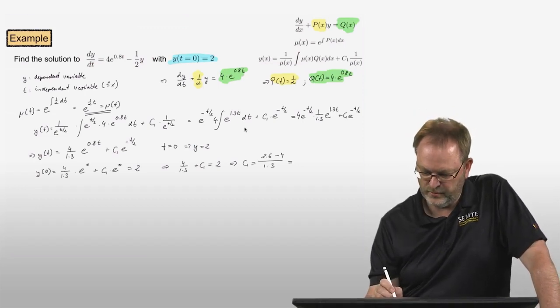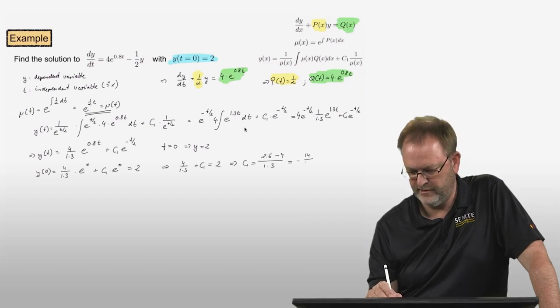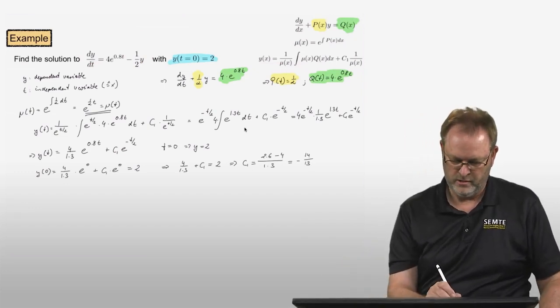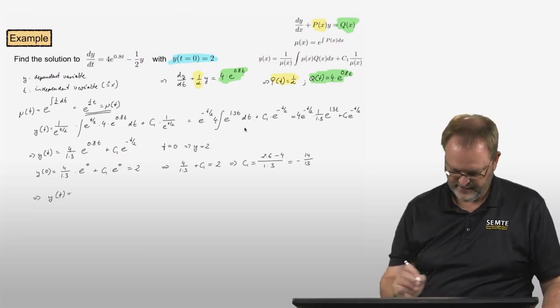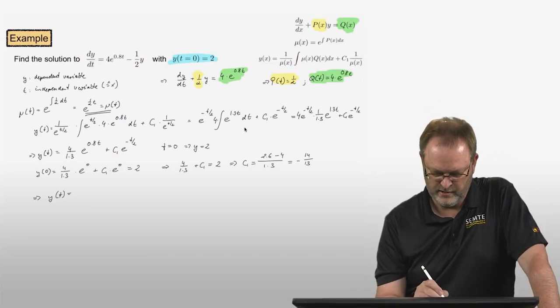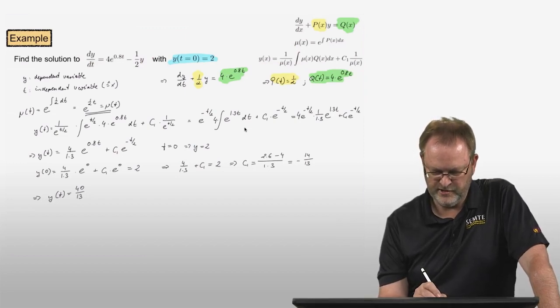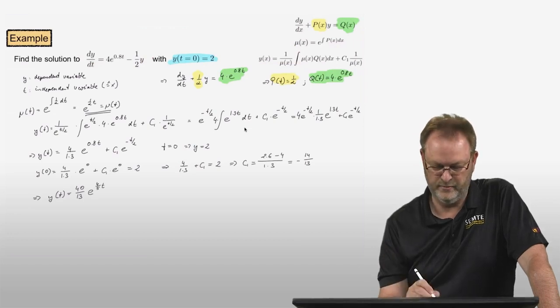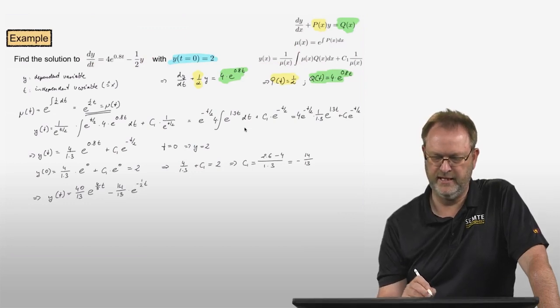So that is equal to negative 14 divided by 13. So therefore our solution to the equation is y of t is equal to 40 divided by 13 times e to the power 4/5 times t, that's the 0.8, minus 14 divided by 13 times e to the power minus 1/2 t.